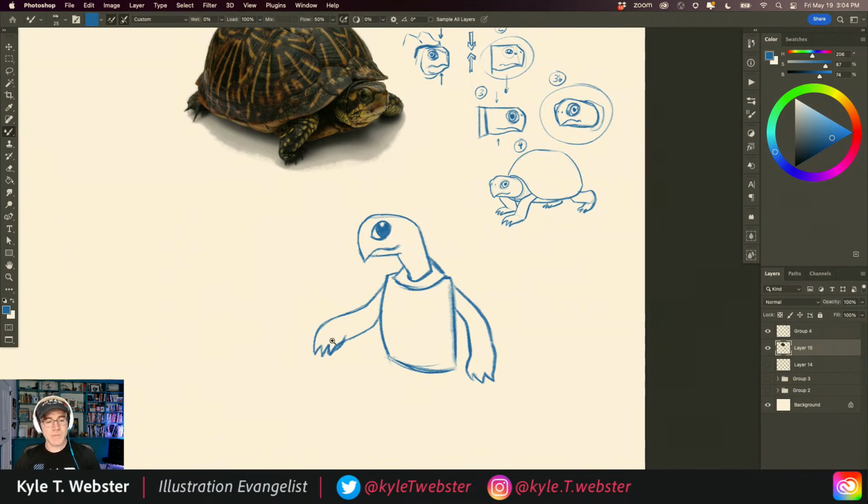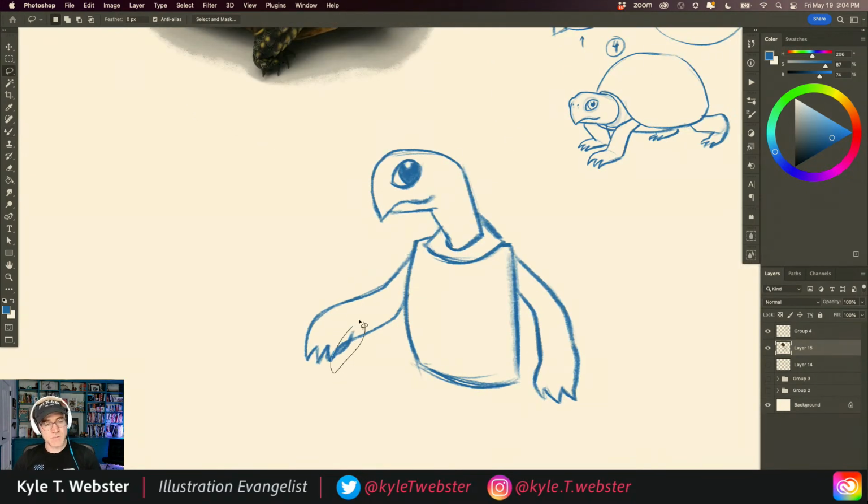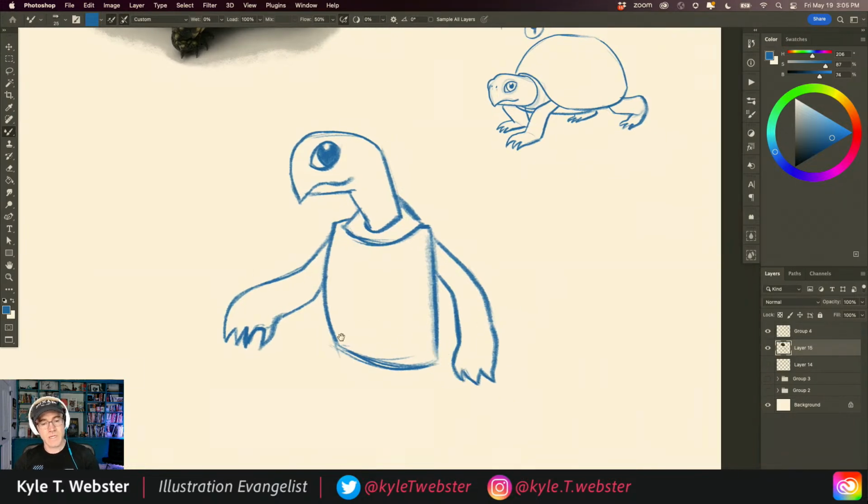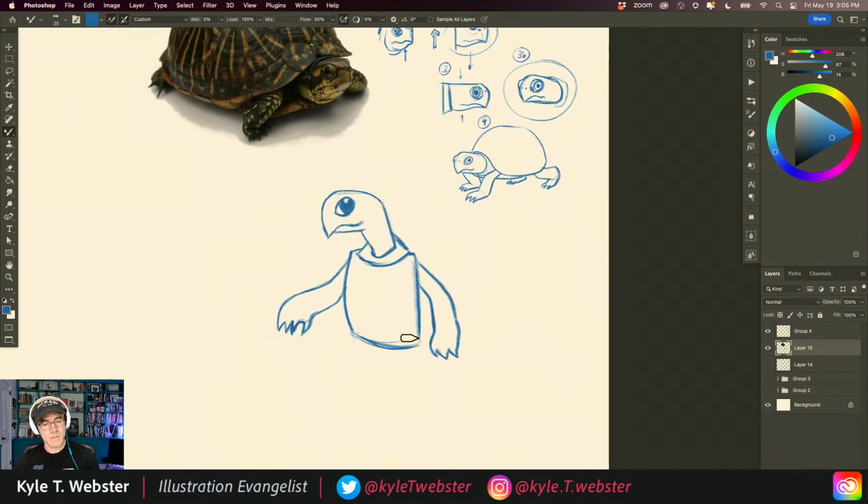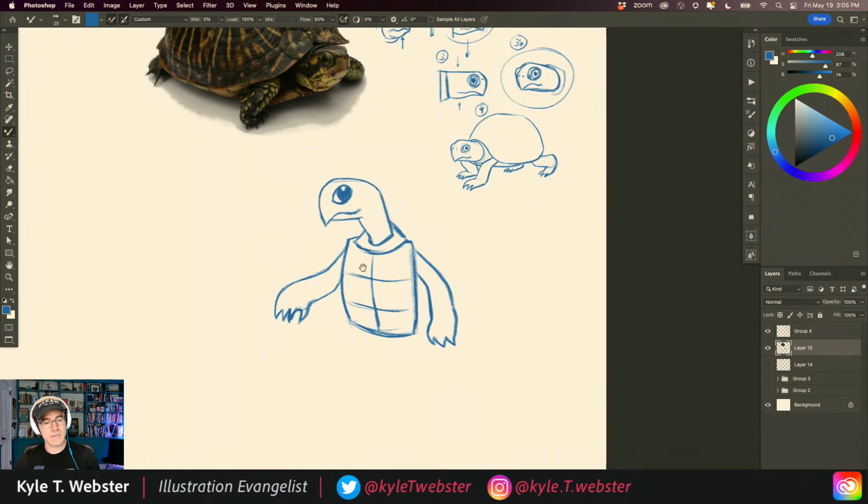Another change I want to make here is to give them hands. I want them to be able to grip stuff. So I can take this and just add a little thumb, an opposable thumb. That's going to help with that design. We just take this and simplify that design like so. And we add the back shell.